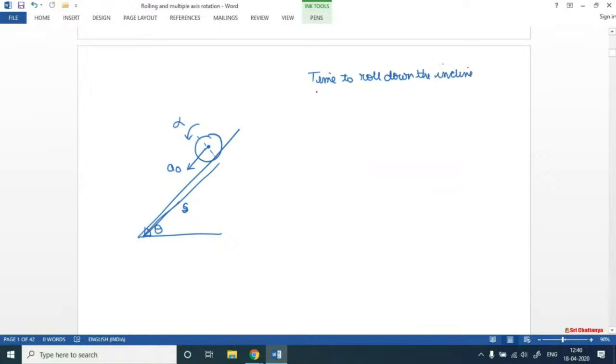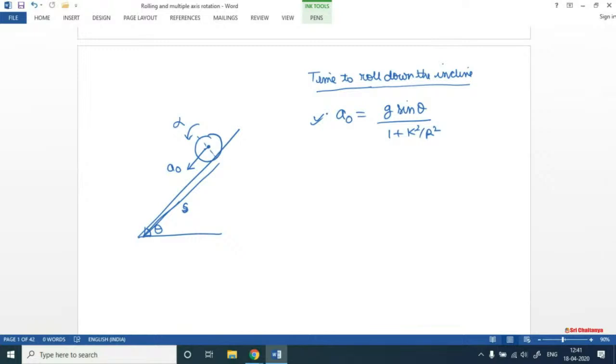So the acceleration of center of mass, we have already got, a naught is equal to g sine theta upon 1 plus k square by r square. So you can see the motion of its center of mass is uniformly accelerated motion.